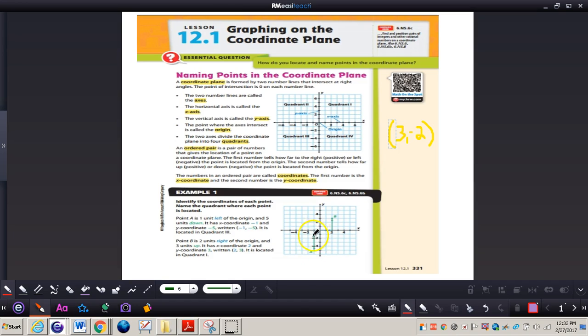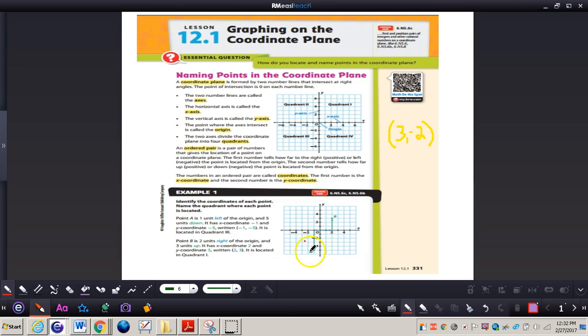Okay, so we know it has a coordinate -1, and then it moved down 5. Why did it move down 5? Because it must have been a -5 as well. Okay, so we can see the y-coordinate is -5. So it's written -1, comma, -5, and then which quadrant is it? So we know it's 1, 2, 3. So it's counterclockwise, quadrant 1, quadrant 2, quadrant 3.